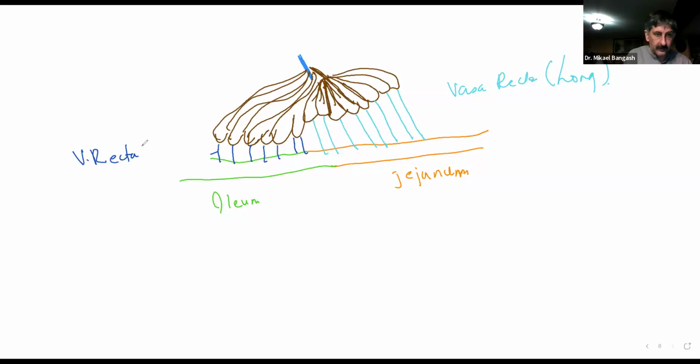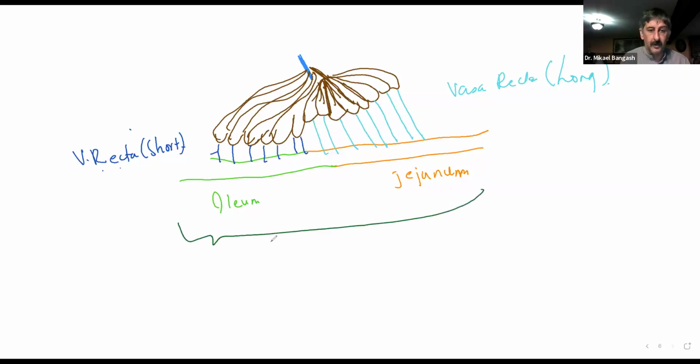But for the ileal part, they are going to be short. Generally, the vasa recta mainly originate off the superior mesenteric artery, and are responsible for supplying blood to the remaining part of the small intestine.